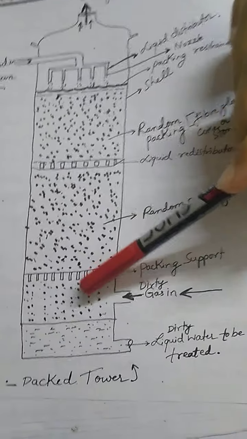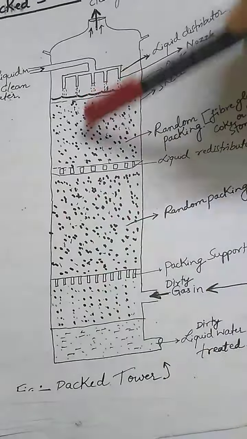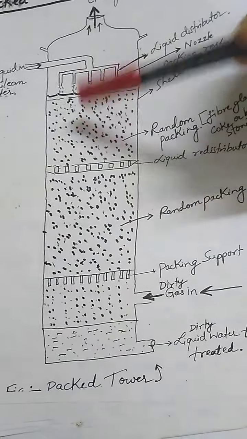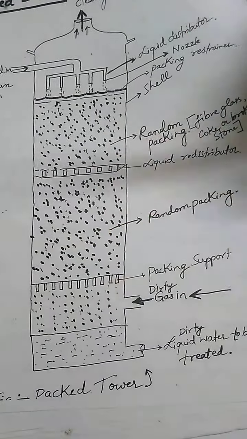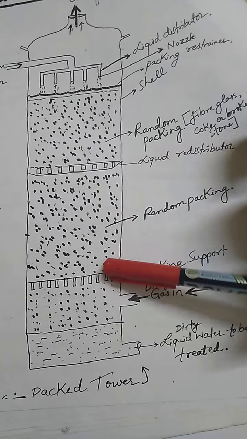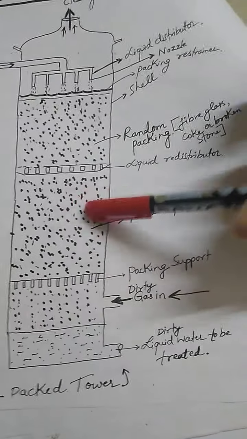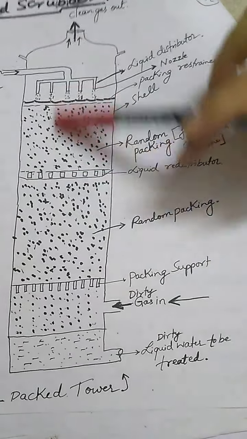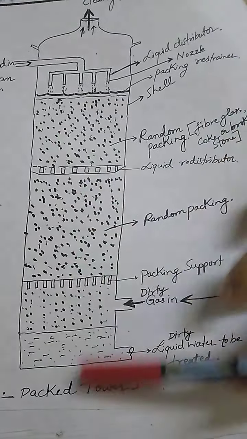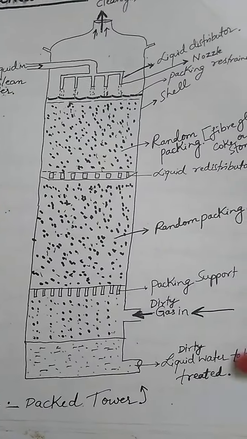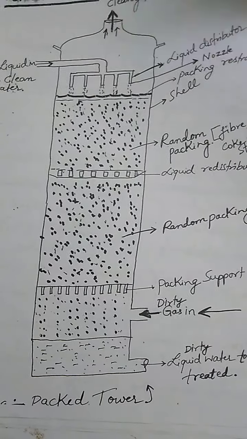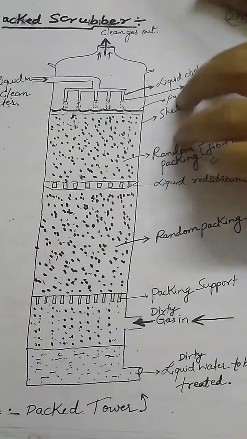The gas wants to move upward, but as the column is filled with broken glass, coke and stone, the suspended particles get arrested in it. Since we are spraying water, the dirty water is collected downside, and at the top we are going to get the clean air from the packed scrubber.